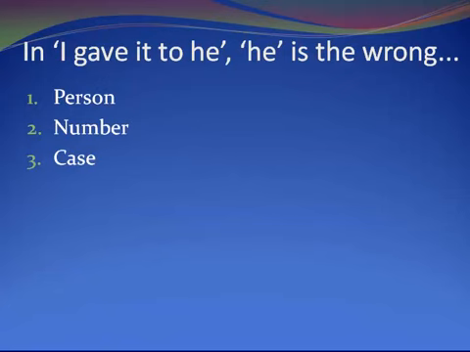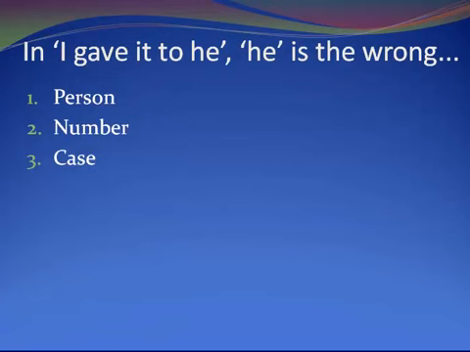You could say I gave it to John, and John is third person. So the person is okay. Does it matter whether it's singular or plural? I gave it to me. I gave it to us. So it doesn't matter whether it's singular or plural.